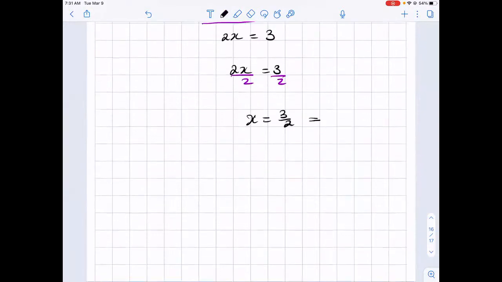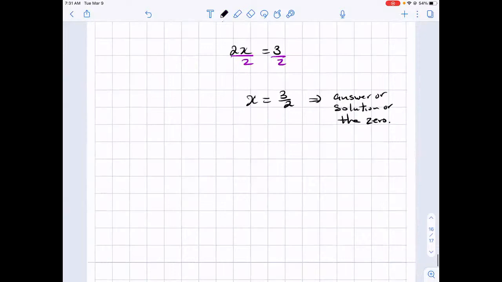So this here is your answer, or your solution, or the zero. And the reason we call it zero is because if you look on the number line, or even the x-axis, x equals 3/2 will be somewhere over here.